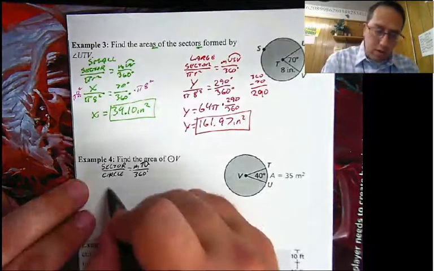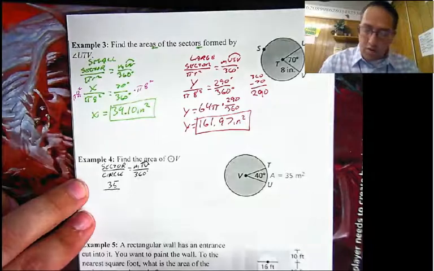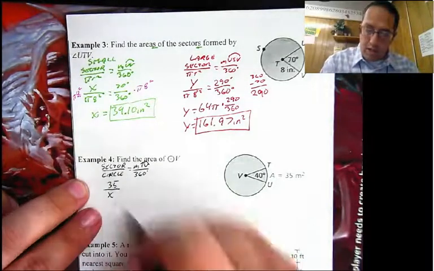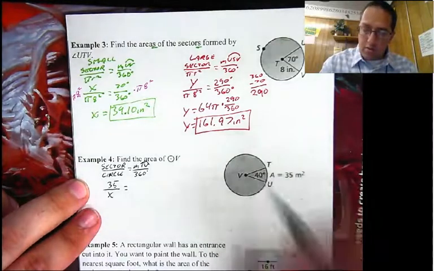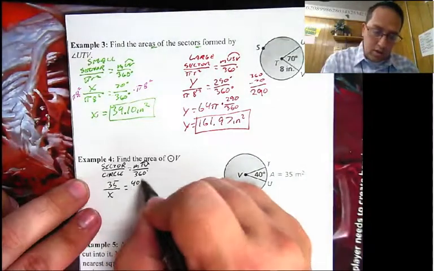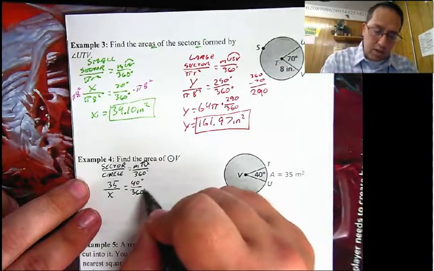Plug in what we know. We know the sector to be 35, the circle to be, I don't know, that's going to be my x, equals the measure of the arc, TU is 40 degrees, over these degrees for the entire thing, which is, of course, 360.